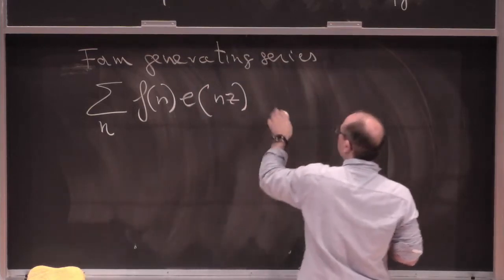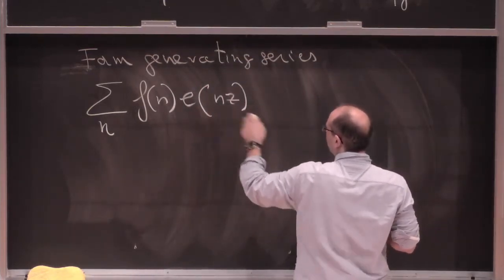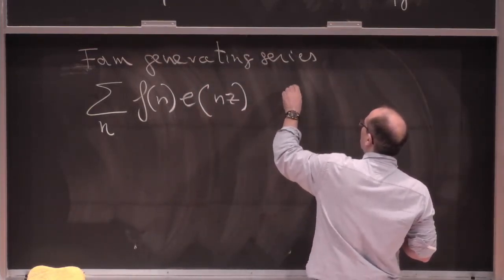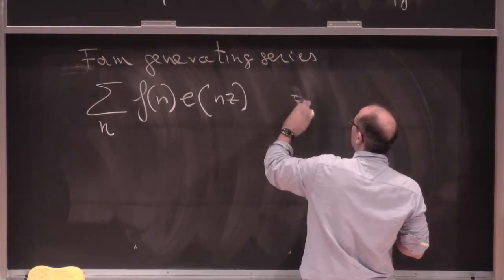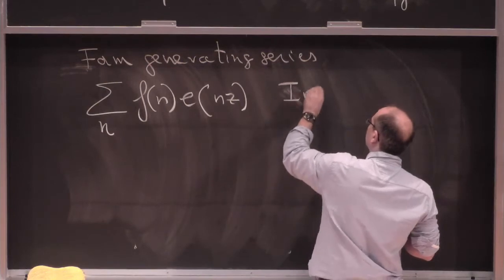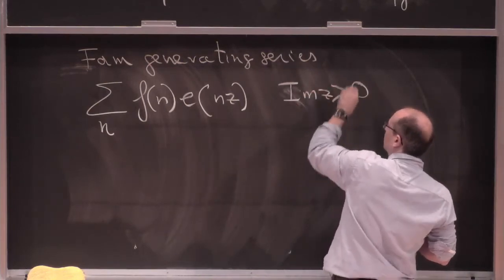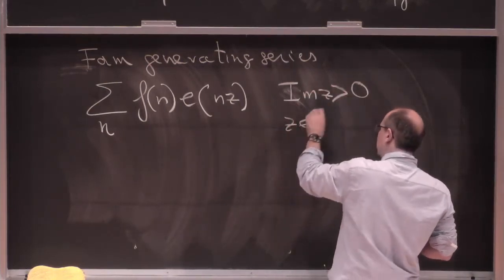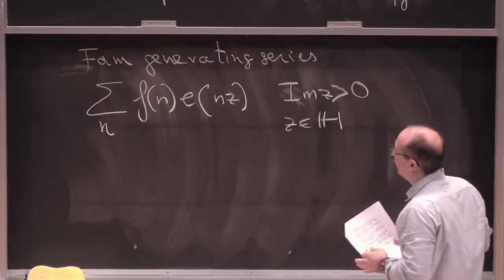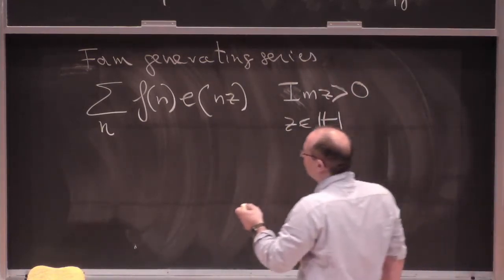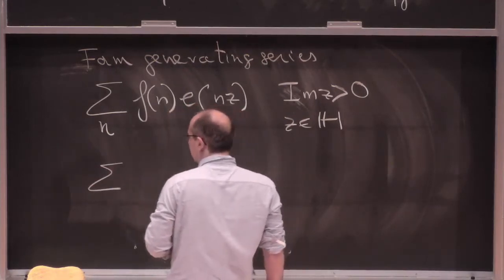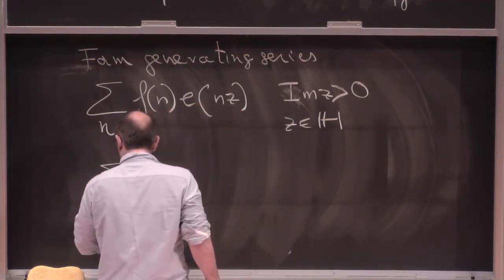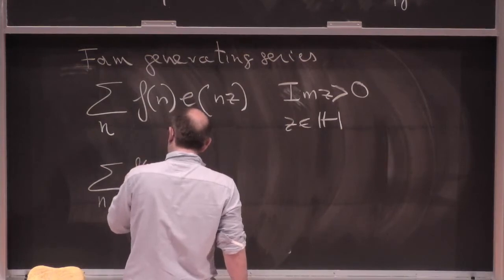If the function does not grow too fast, you can form a Laurent series, where z would be in the upper half plane, in the Poincaré upper half plane. Otherwise, you could also form a Dirichlet series.